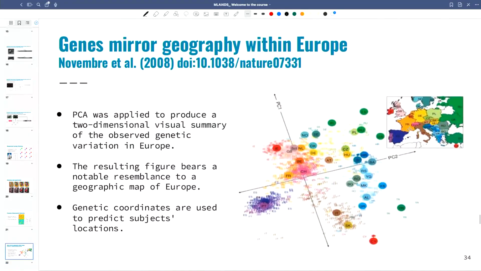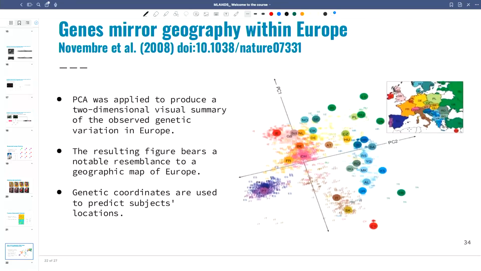Another nice example of projection is this paper that I was looking at, and I was amazed by the outcome. This is a paper that says genes mirrored geography within Europe. What they have done is, they have, I think, 1,344 centers across Europe to DNA sequence people.